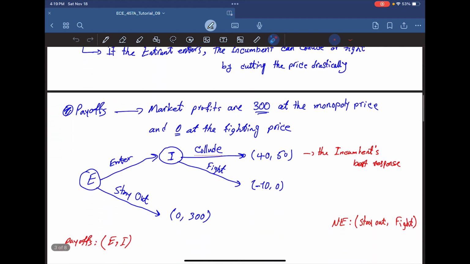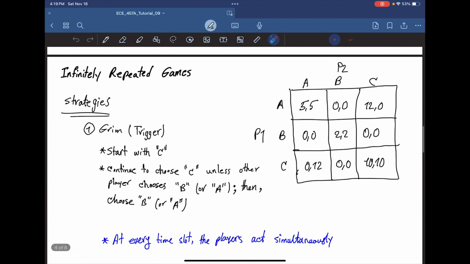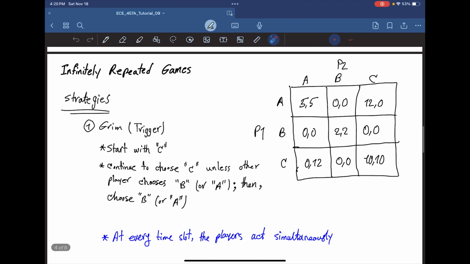Let's move on to the other one, infinitely repeated games. This is a 3 by 3 matrix, with 2 players and 3 actions: A, B, C. For each player, we have 3 actions, A, B, C, and we are going to consider 3 strategies.